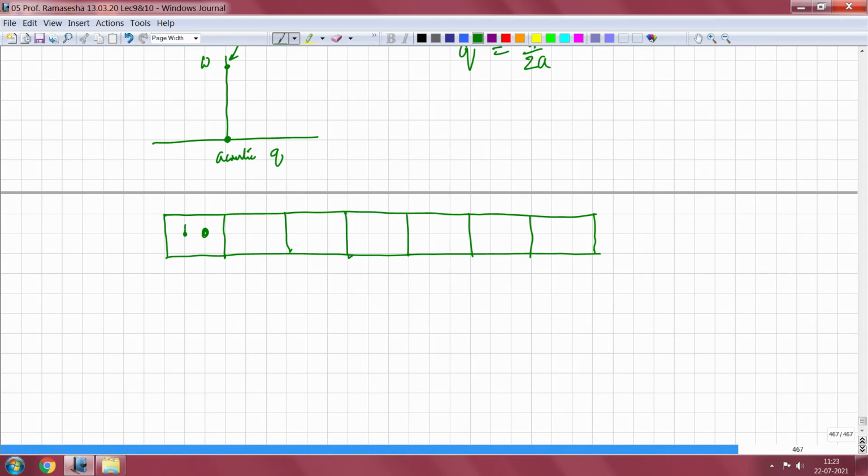In this unit cell it goes up and this also goes up. In the next unit cell this goes down and this goes down, and same here: goes up, goes up, goes down, goes down.